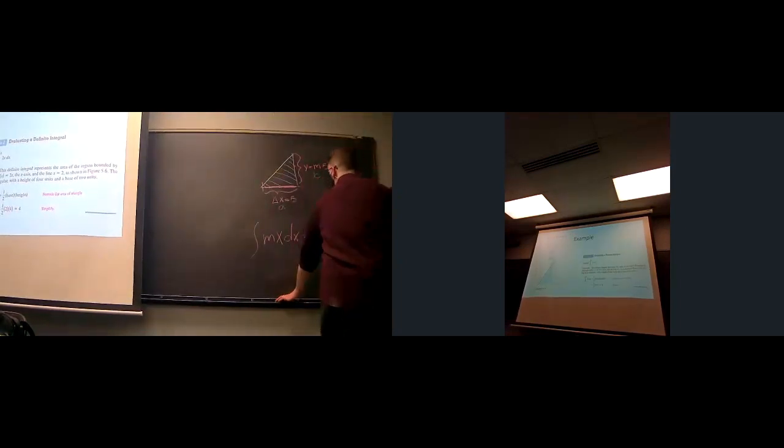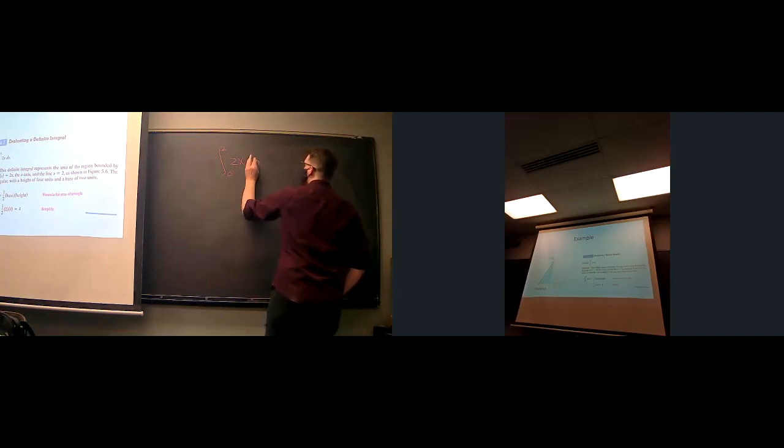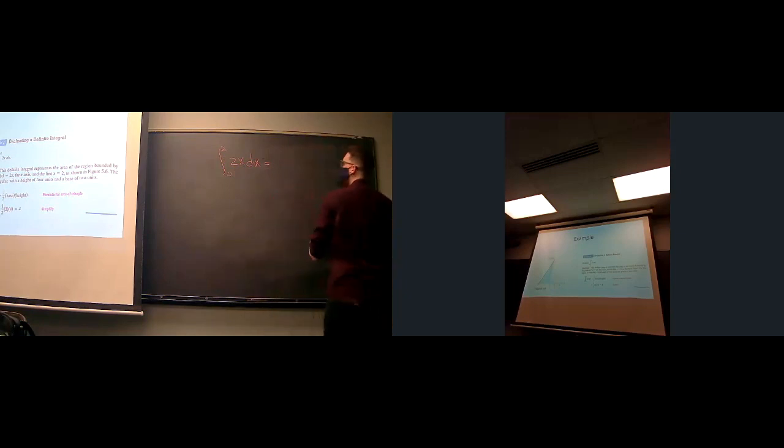So going back really quick to this example. What we're saying is that for the integral of 2x dx from 0 to 2, we first ignore the bounds and just calculate it like this.